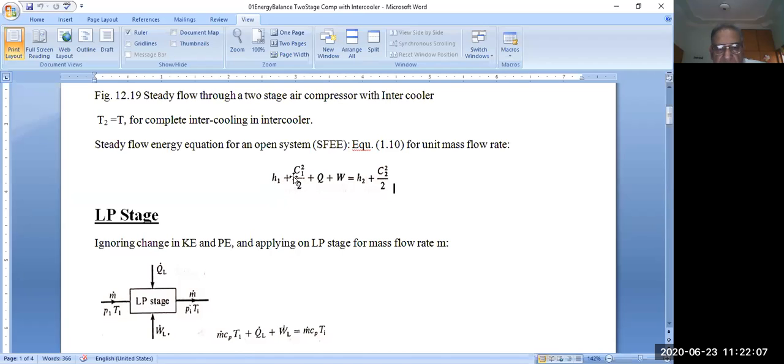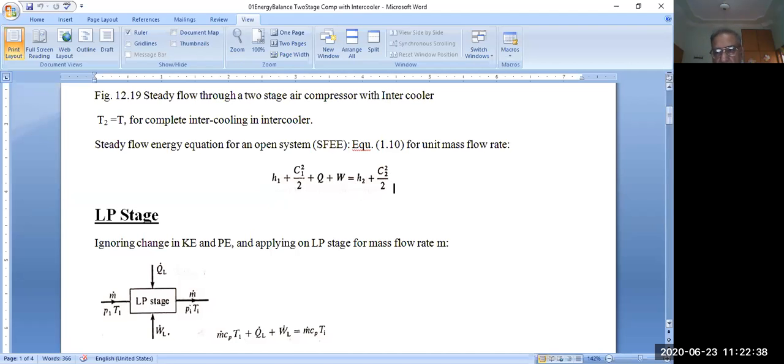So H1 plus C1 square by 2 plus Q plus W is equal to H2 plus C2 square by 2, because there is kinetic energy also here, and rho Gz, but rho Gz at inlet and outlet is same, so it is cancelled. So we assume that there is no change in the height. Kinetic energy at inlet and outlet can also be ignored, because velocity entering must be approximately equal to velocity leaving. So kinetic energy change will also not take place.